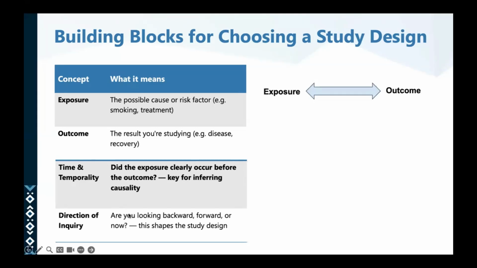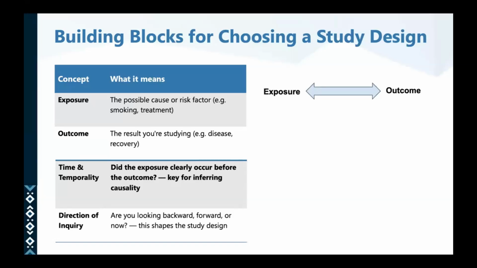The other thing that is very critical to understand is the direction of inquiry. If you're designing a study, how does the exposure flow towards the outcome? If you start from the exposure and you're looking towards the outcome, you're looking forward, you could have something like a prospective cohort study, or cohort studies in general.